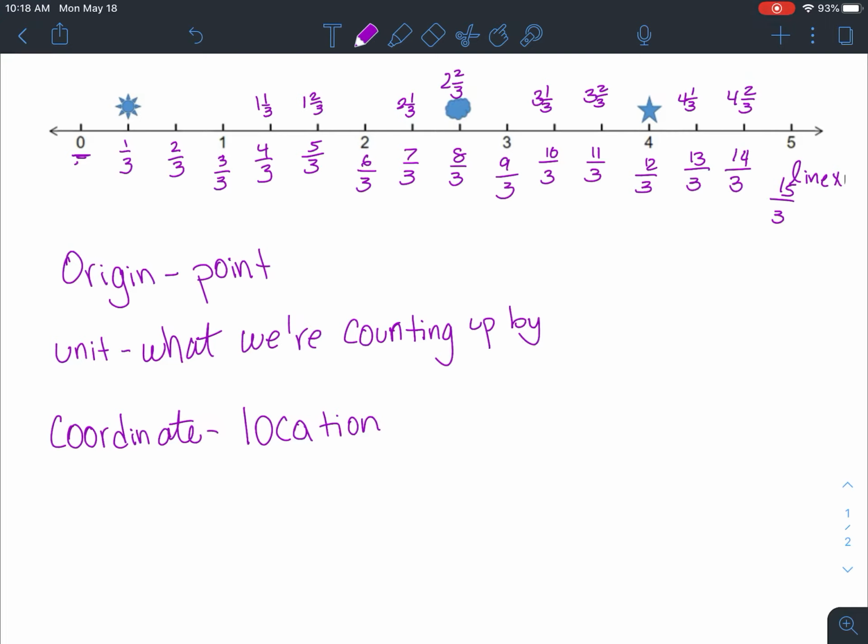I want to know the location of the sun on my line X. When I look for the sun, I notice that the coordinate is 1/3. I'm going to go ahead and write this down. The coordinate for the sun is 1/3.